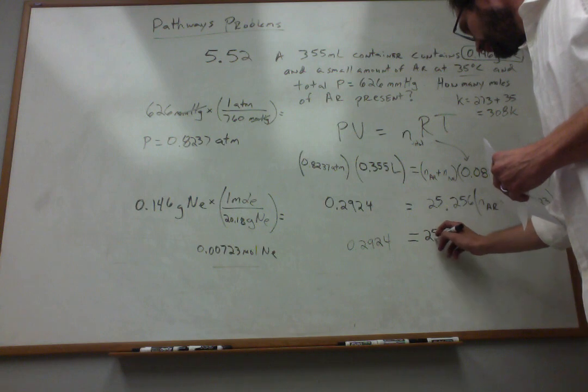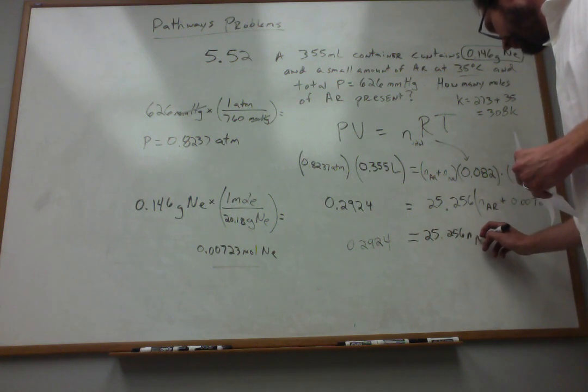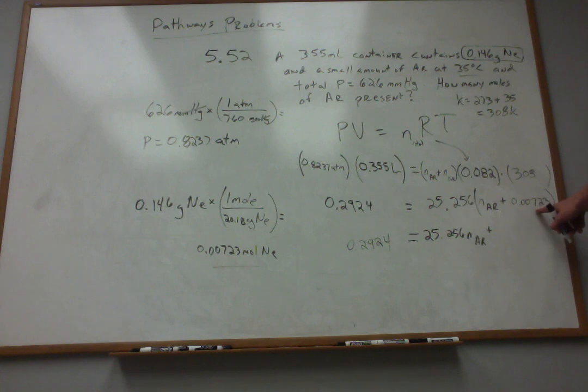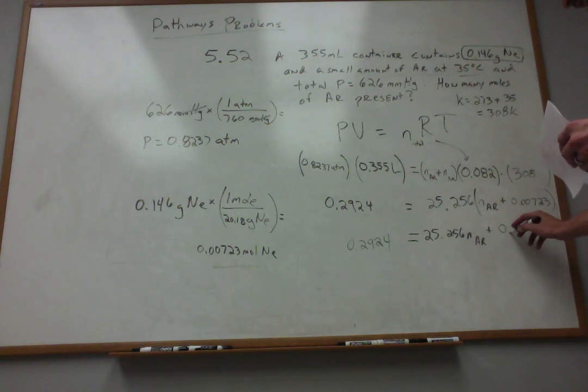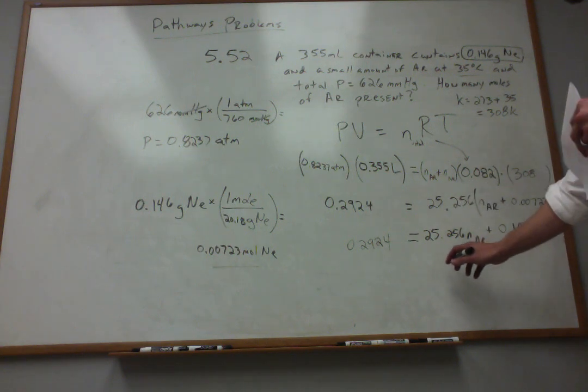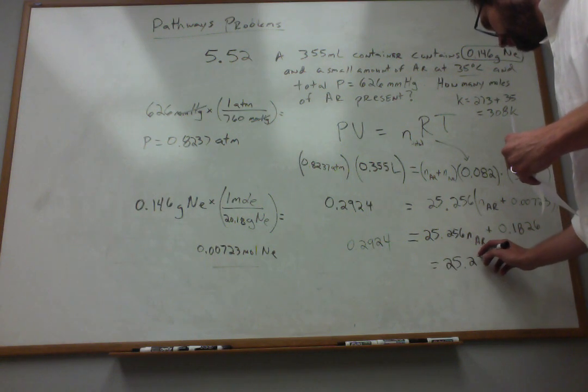So 25.256 NAR, times the number of moles of argon, plus 25.256 times this number, which works out to be 0.1826 based on the notes. So we just simplify that, just distribute that 25.256. Now the beauty of that is I can combine my like terms.